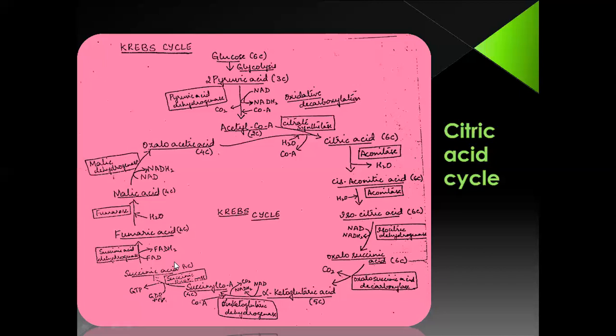Now we have this succinic acid, a 4-carbon carboxylic acid. It undergoes dehydrogenation, brought about by the enzyme succinic acid dehydrogenase, or simply succinic dehydrogenase. As I said, it is a dehydrogenation process.